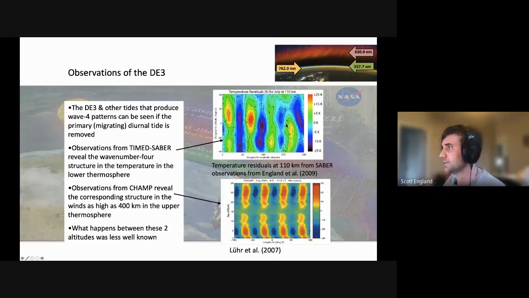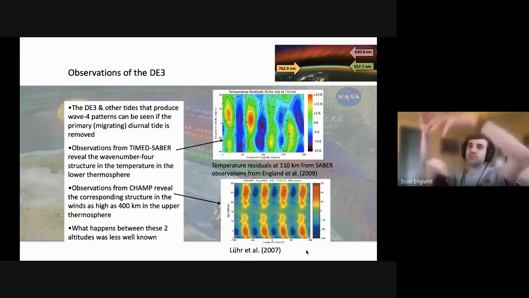This is showing latitude, longitude at a fixed local time. You see that wave 4 structure. And then we could also see with CHAMP, way up at 400 kilometers, same sort of wave 4 structure in the wind fields at those altitudes, suggesting these waves generated in the lower atmosphere come all the way up through the thermosphere.